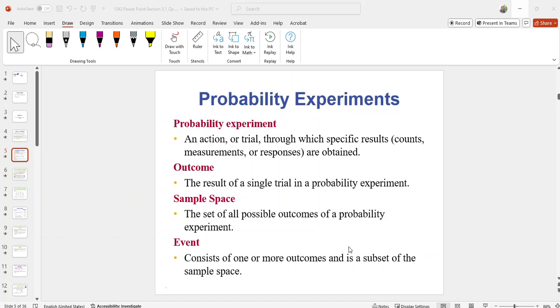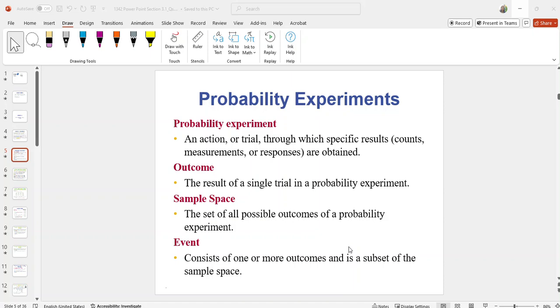If you do it more than one time, I usually have different groups, like 5 or 6 groups, and each group will come out with a different answer. Some groups will come out with 2 tails, some with 7 tails, some with 6 tails and 4 heads, things like that, right?